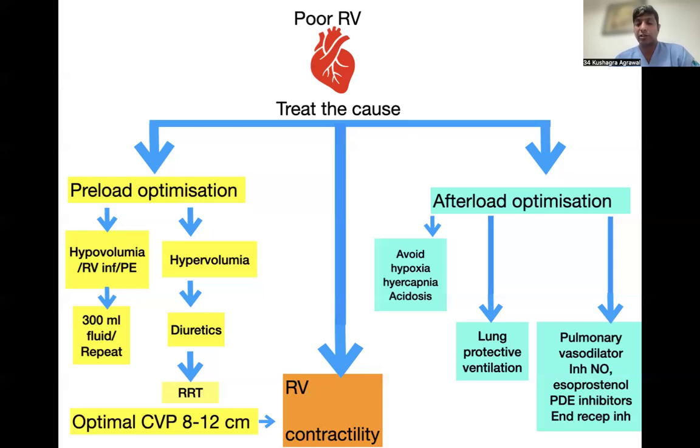We can use iloprost, phosphodiesterase inhibitors like sildenafil in the chronic setting, and endothelin receptor antagonists like bosentan. But keep in mind, when there is a failing left heart, like if wedge pressure is high, and we give these vasodilators, it will lead to further failure of the left ventricle. So pulmonary wedge pressure should be less than 15 before giving these drugs.